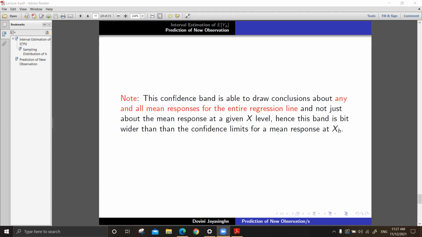So you have to make note, the band is not for only one X level, it is for the entire regression line. Hence the band is a bit wider than the confidence limit for the mean response at X.